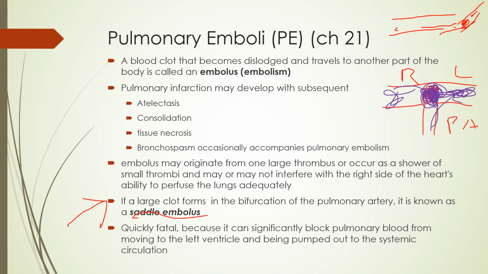Let's get into this. If a blood clot is blocking blood flow, that means the tissue is infarcting, right? There's no blood going to that area of the lung tissue. We should have blood flowing there.